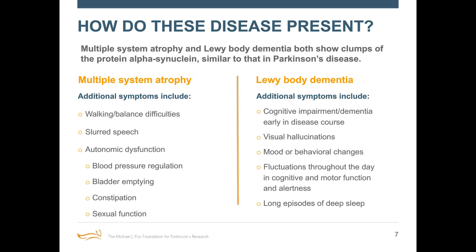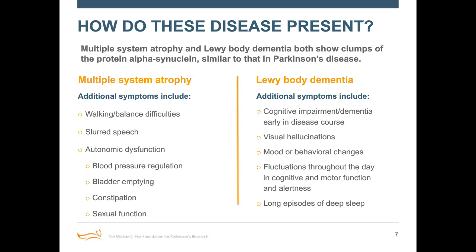And as Hadley said, in MSA, the most important abnormality is atrophy, shrinkage of the cerebellum, and also the part of the brain that the cerebellum connects to, which is the pons. And there's also in MSA a pattern of scarring in the pons that forms this cross appearance.